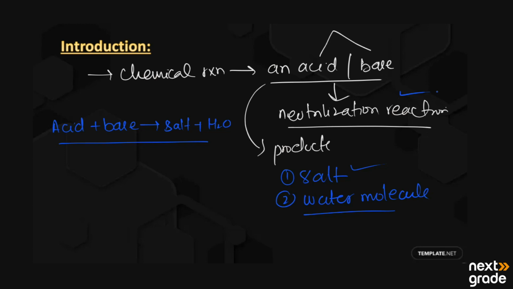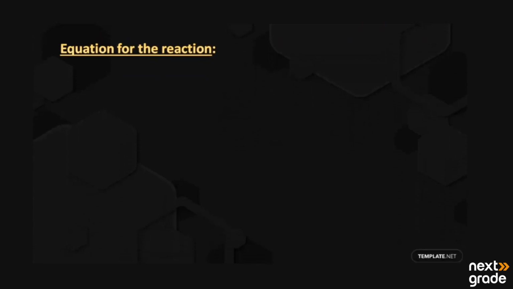If we discuss an example or the chemical equation for the neutralization reaction, we have a simple acid reacting with a base, and the products are salt plus water. For example, the first example of an acid is HCl, and the base is sodium hydroxide.